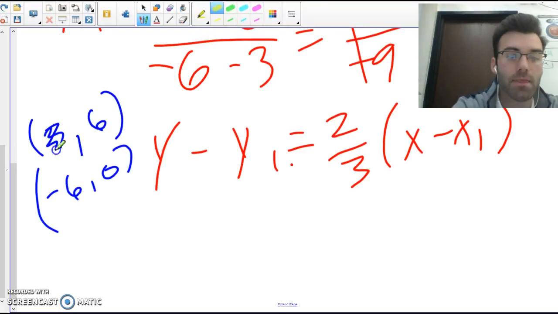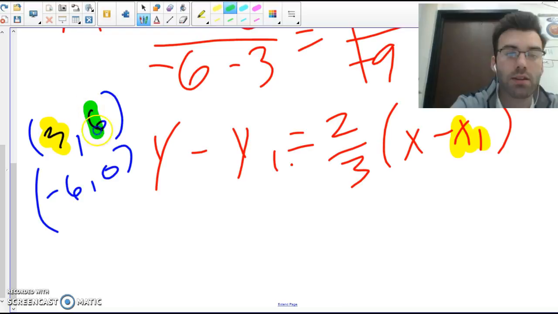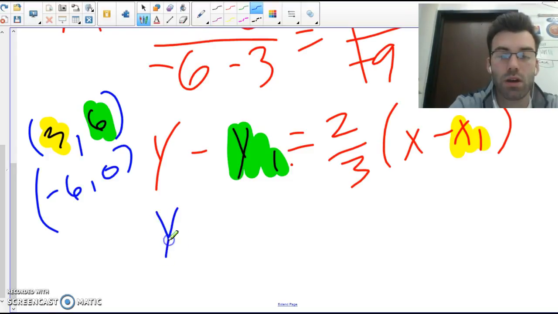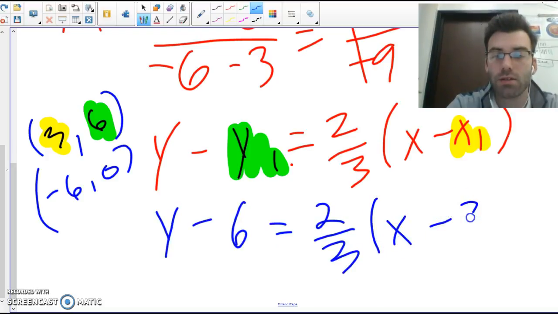I'm going to plug in 3 for my x1 and 6 for my y1. So that'll look like this. y minus 6 equals 2 over 3 times x minus 3.